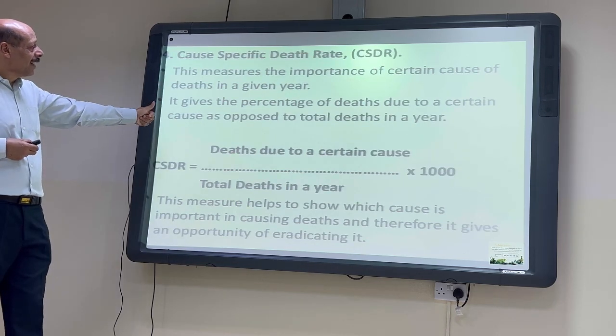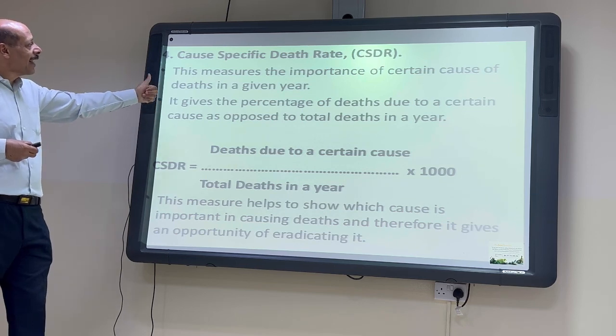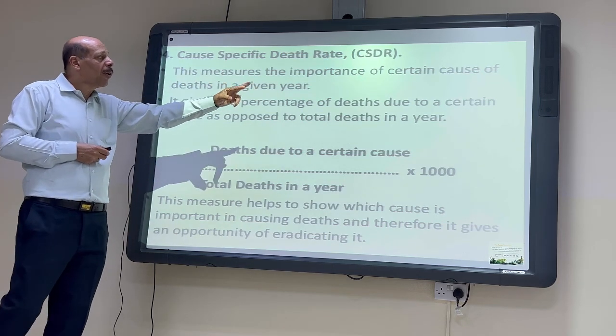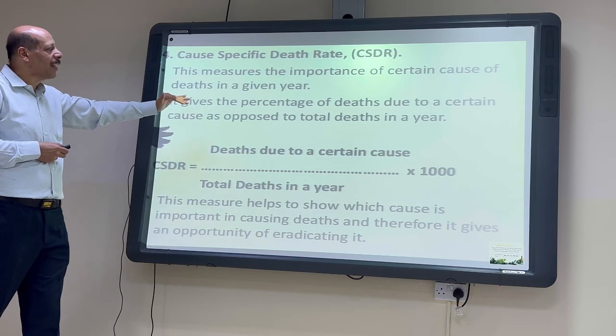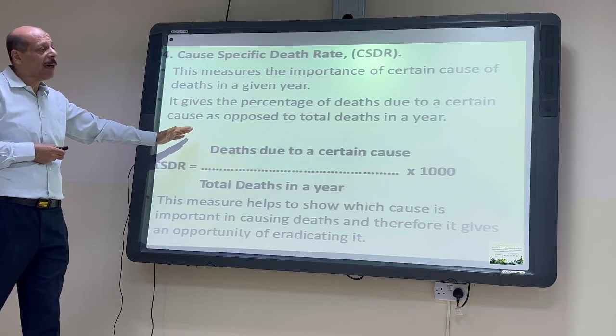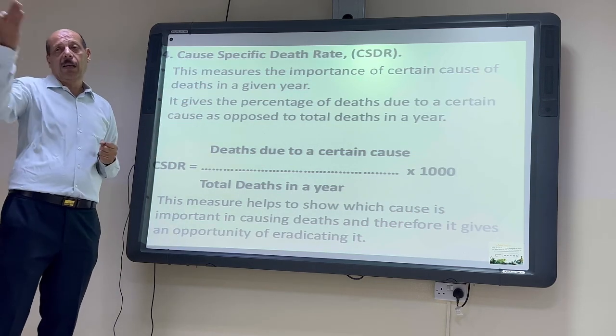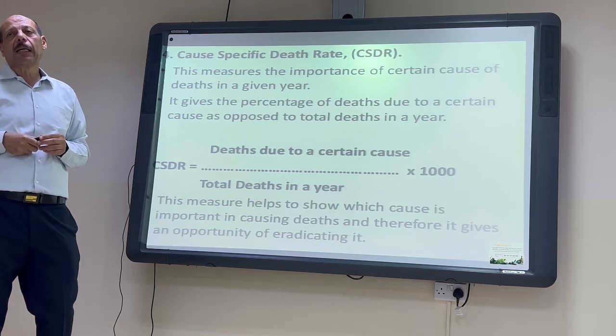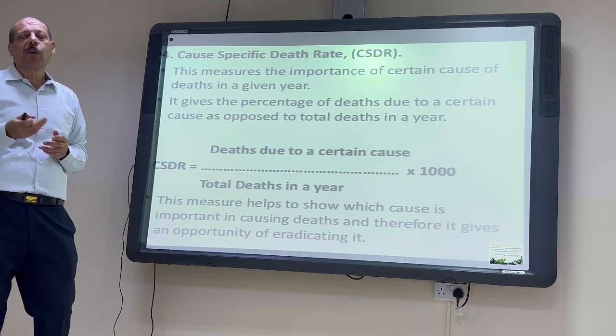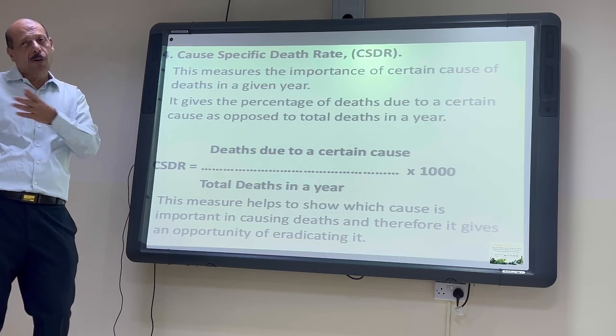Cause-specific death rate measures the importance of a certain cause of death in a given year. It might be due to a certain disease, like when they are doing their calculation and epidemiological study for corona also.